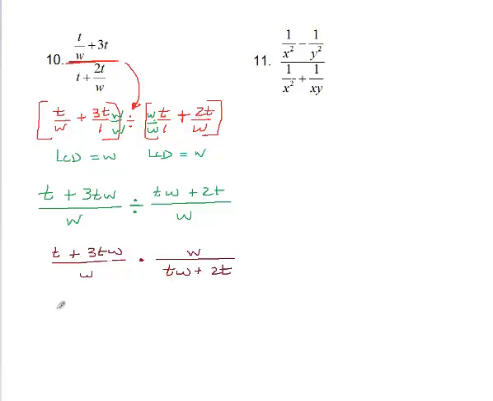Now I see a GCF of t on top, so I can factor t out, and I'm left with 1 plus 3w, all over w multiplied by w, and I see a GCF of t as well here on bottom, leaving me with w plus 2, correct?